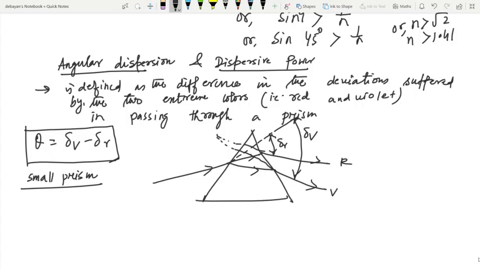And what do you mean by dispersive power?